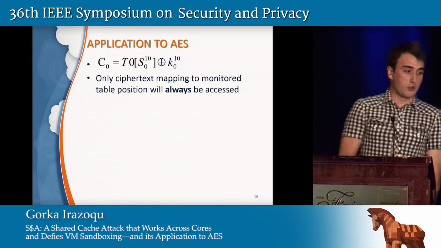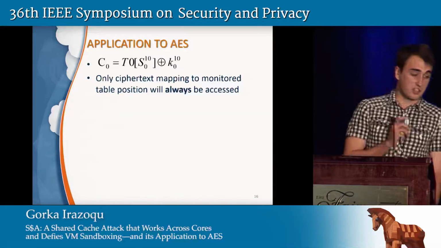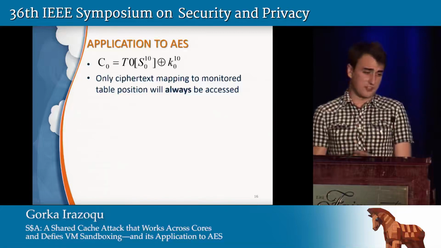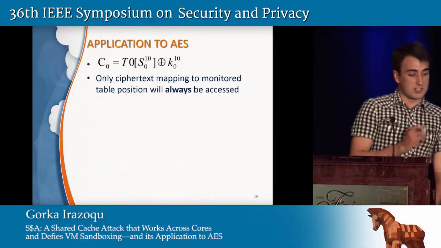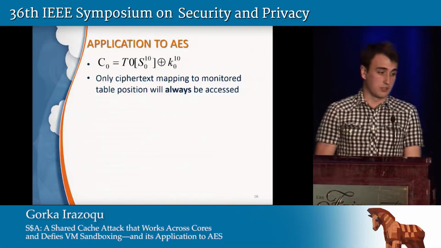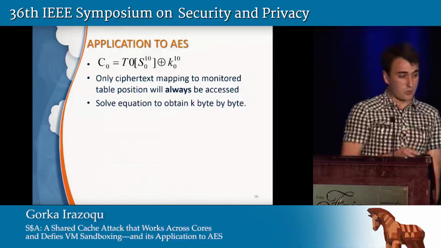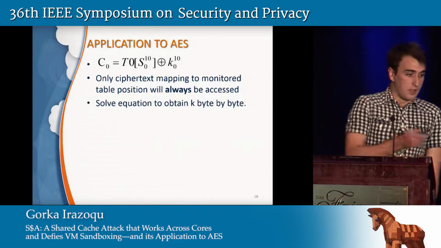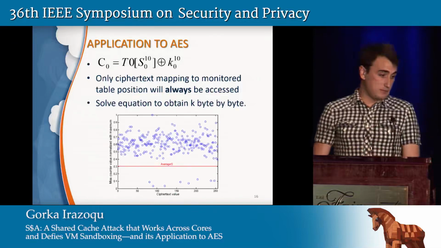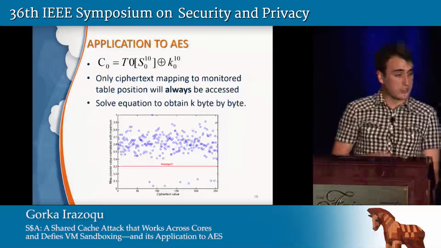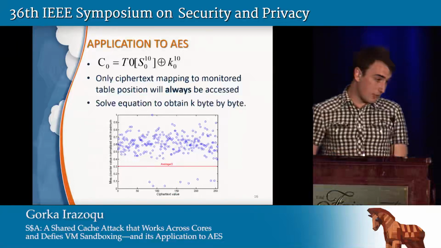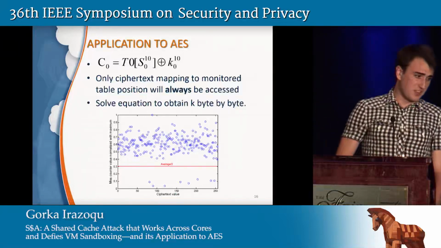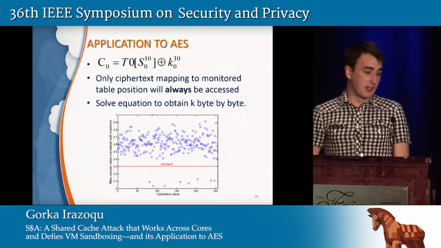So indeed, if we monitor when this has not been used, there's going to be only one ciphertext value that is going to show us a very low counter. And once we obtain that ciphertext value, we can solve the equation byte by byte. We can see it in the picture, where the x-axis plots the ciphertext value, and you can see the distribution in the y-axis normalized.